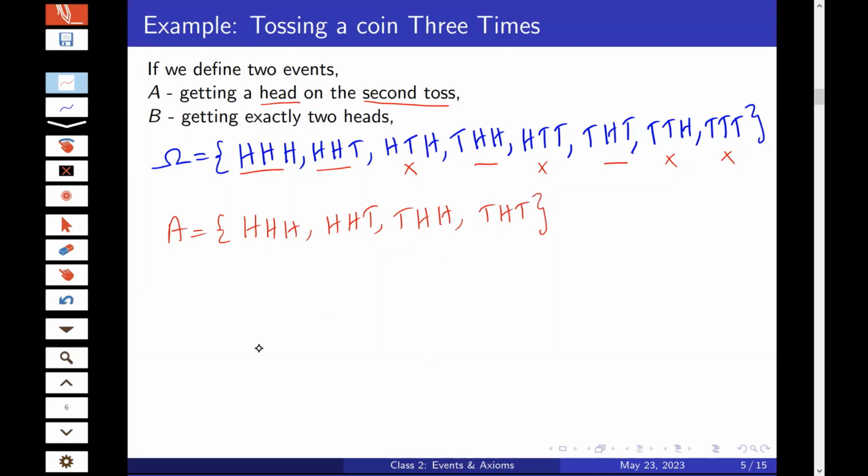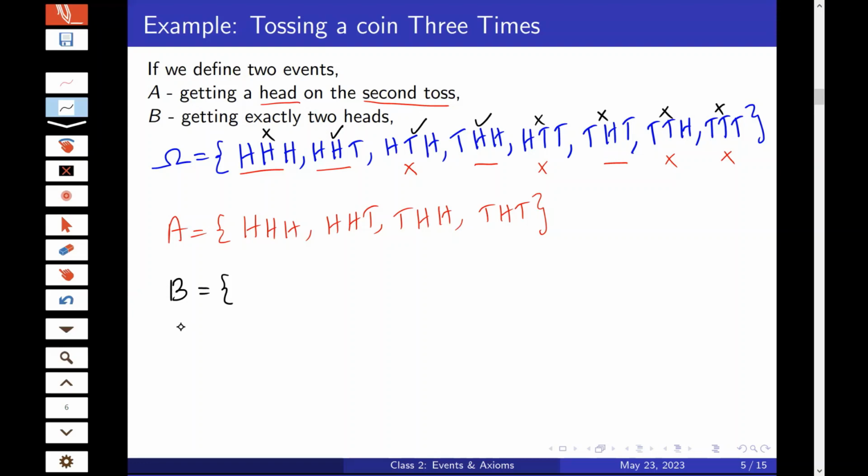Now I'm going to use a different color to denote B. B is getting exactly 2 heads. We don't care about the position. We only count how many heads there are. If it is exactly 2 heads, we pick it for B. So here we have 2 heads, 2 heads, 2 heads, and the others have no 2 heads, and one has 0 heads, which is not exactly 2.